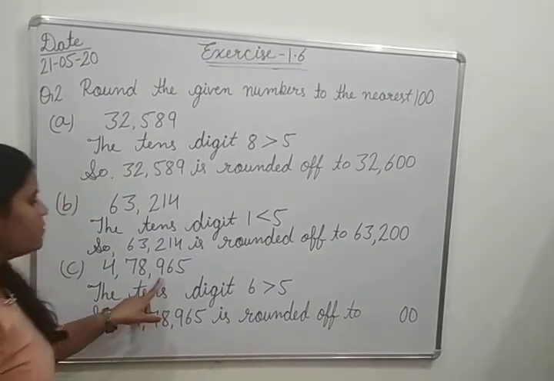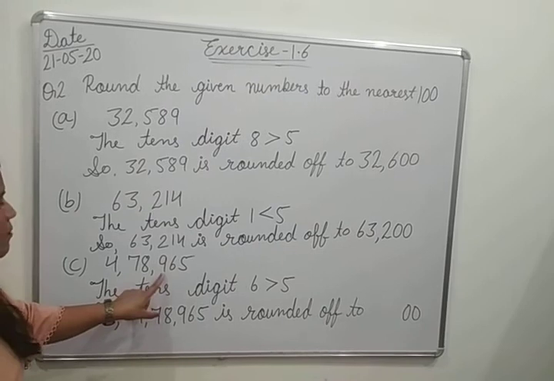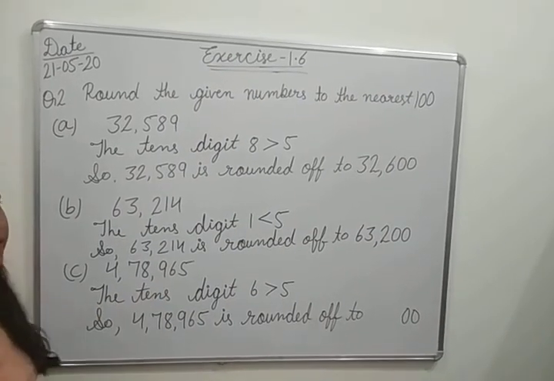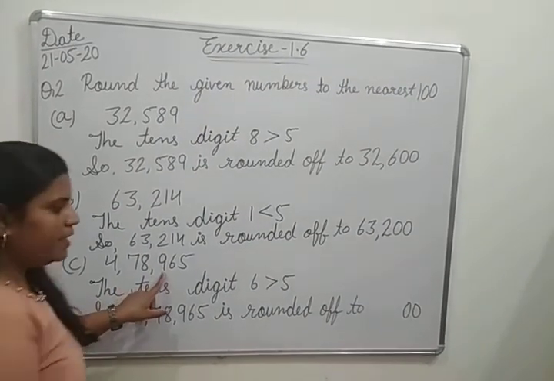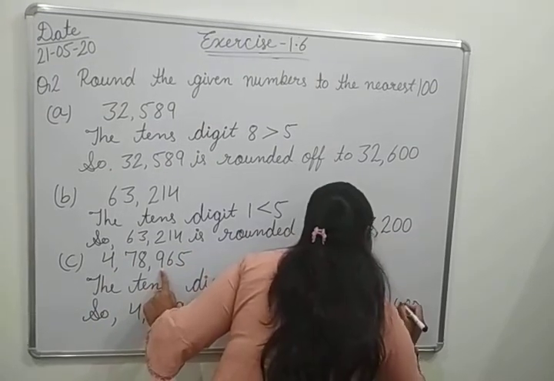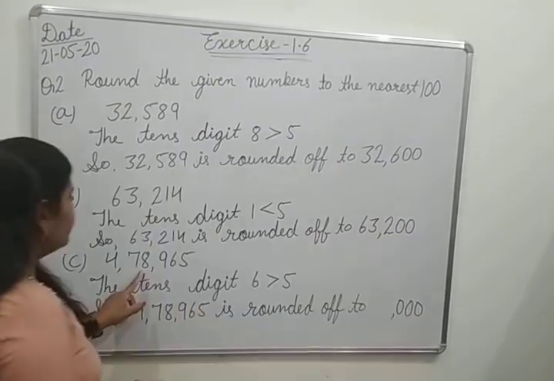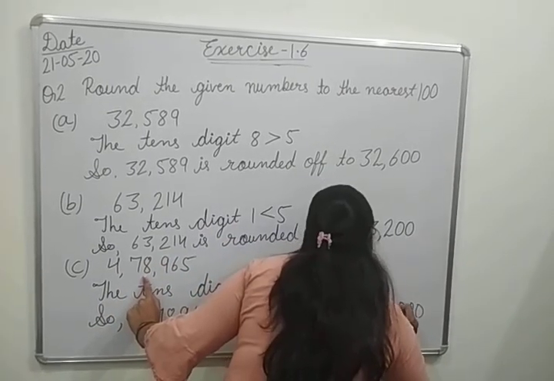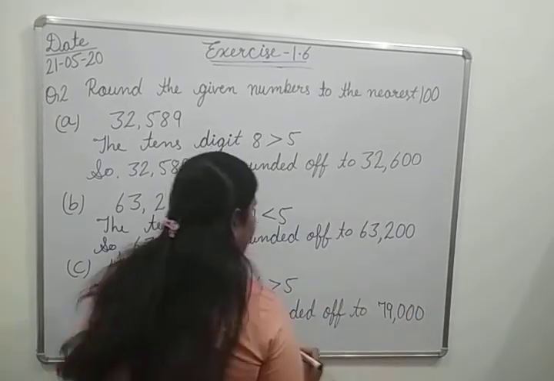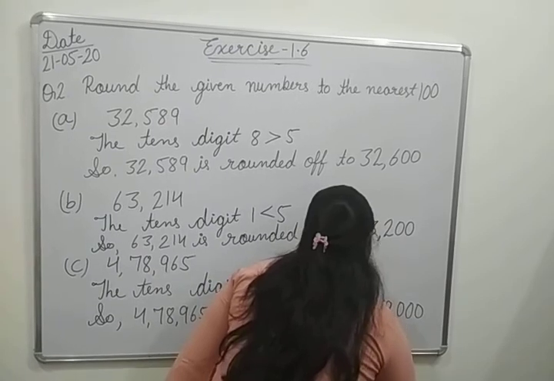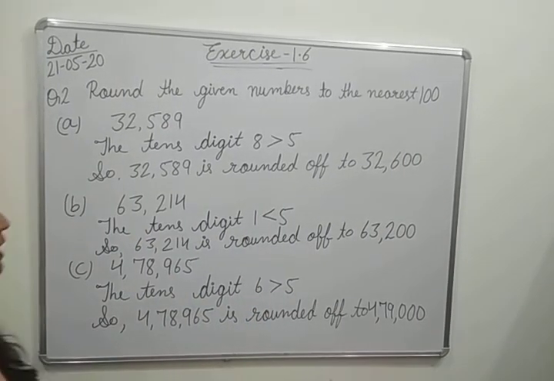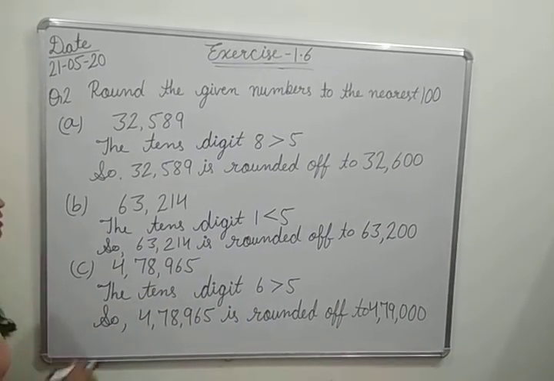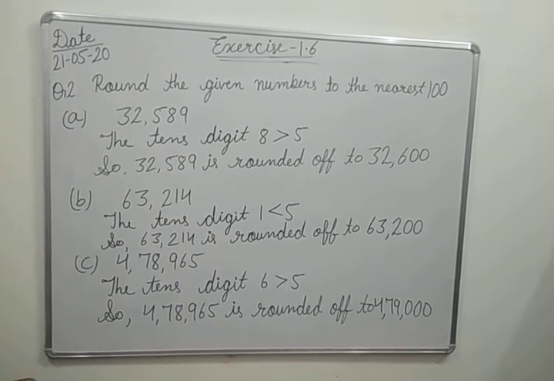When we increase 1, it means in the 9, when we add 1, we get 10. So 10 we write as 0, and 1 carry we use here. It means 79, and here 4. It means 4,79,000. This is the nearest 100.